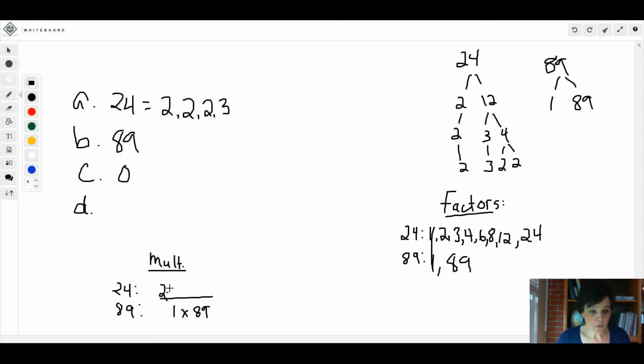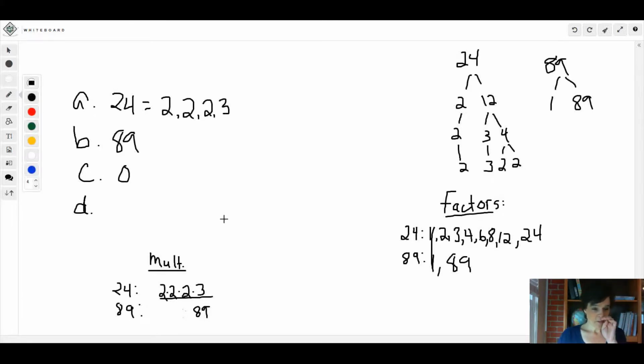I'm going to use a dot for multiplication. It's easier. And a 3. Now, what you do, actually, we do not put the 1. We just put all the other numbers.